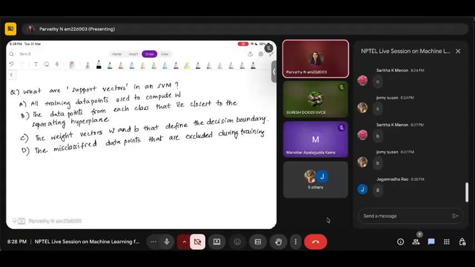These contribute a lot to the final optimal hyperplane that we get for classification. So they are the data points from each class that lie close to the separating hyperplane.